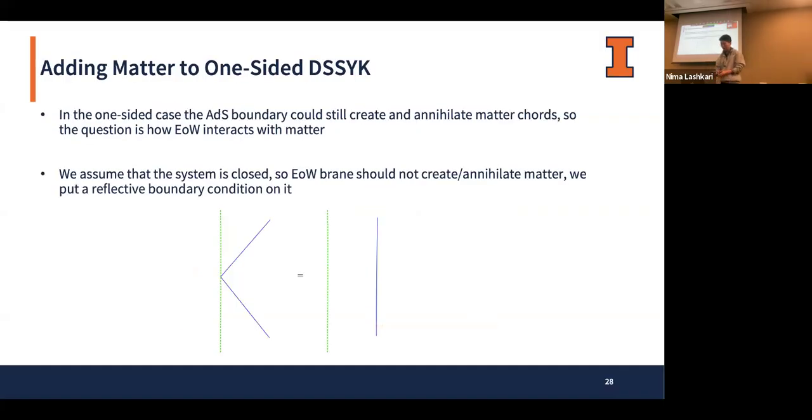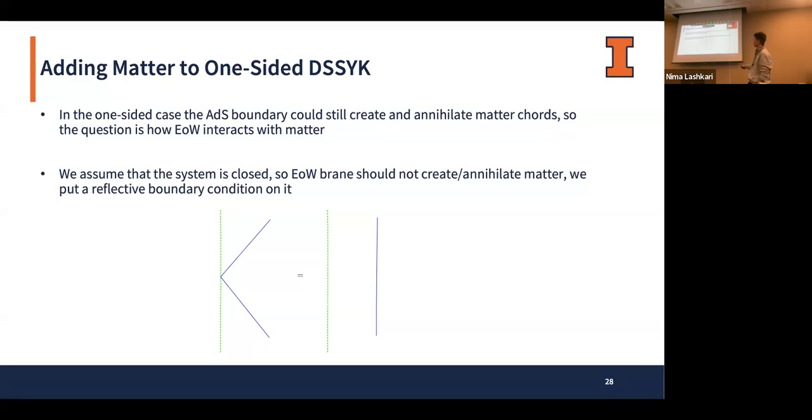And now, let's add matter to the one-sided double-scaled SYK. And now I don't want the matter to leak because I want my system to be closed. I don't want the end of the world brane to be coupled to some kind of external source. So I don't want my matter to leak or be created from the boundary.